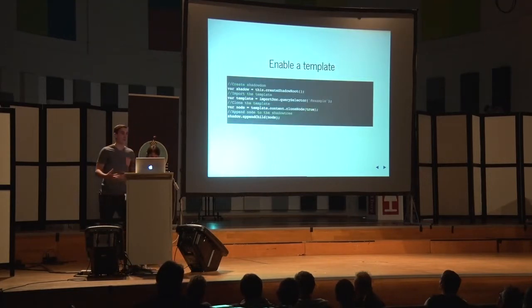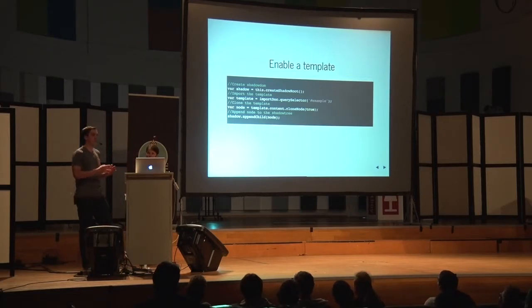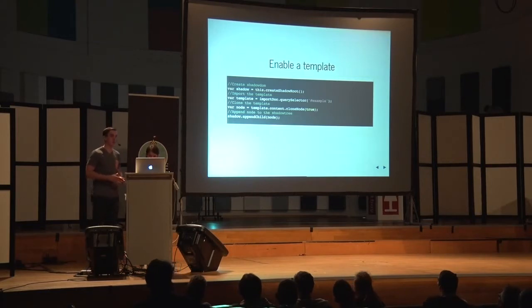So how do we enable this, actually? We're already a little bit ahead of the presentation because we will get to the shadow DOM later, but we are creating it here already with the create shadow root function. That's basically the root of where the template will be in the document, but we'll get to that later, how that really works.